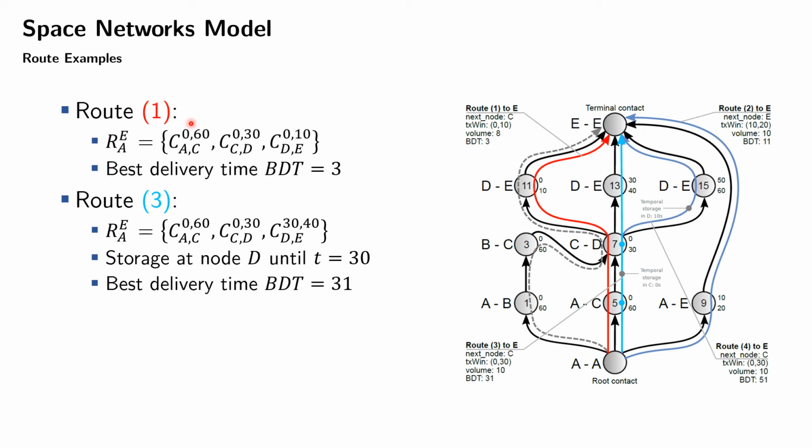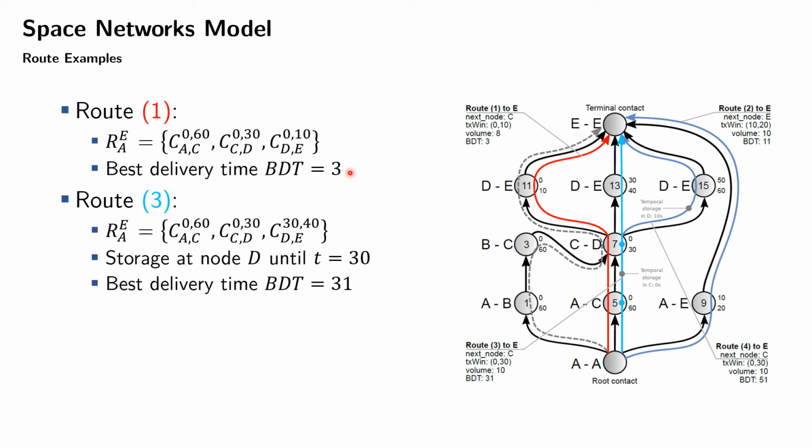But as we are considering that each of these contacts has a one time unit of delay, therefore, the best delivery time that this route can have is 3. And this is because the data flows over 3 contacts, each of which has 1 time unit of delay, whatever this unit is. This is just an example.